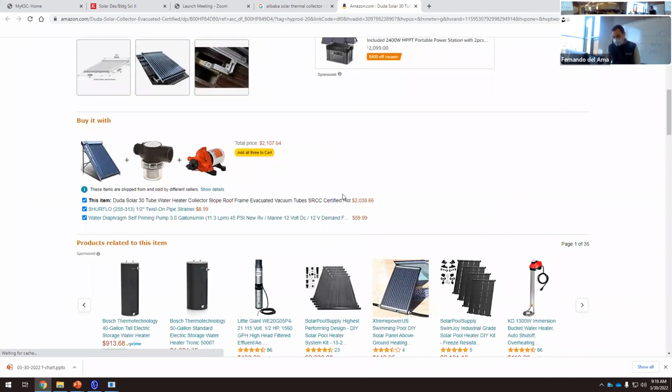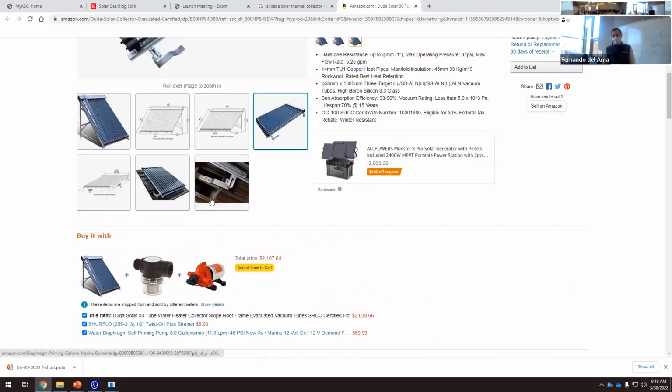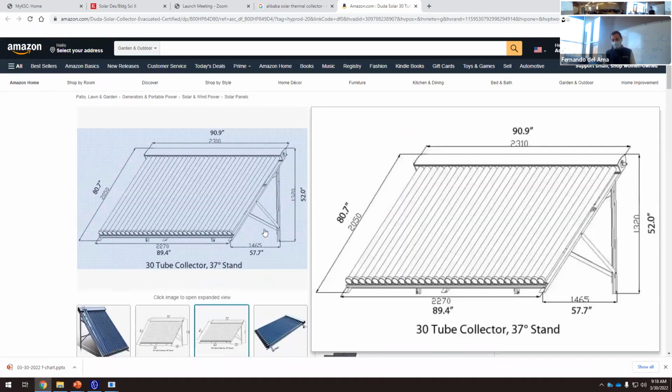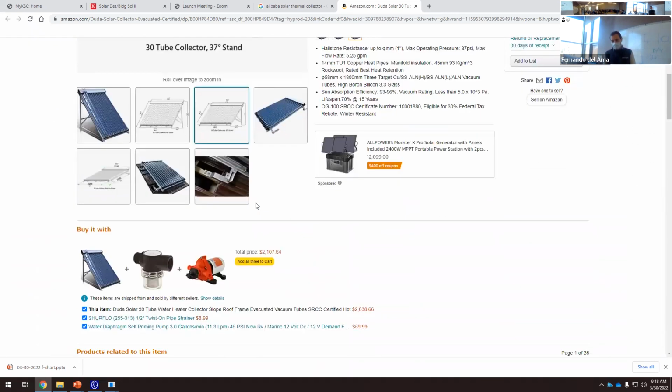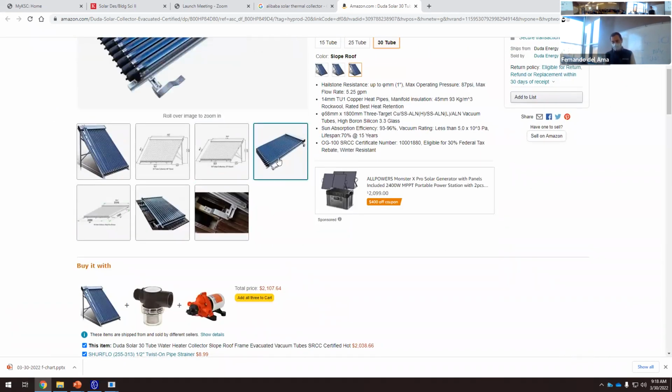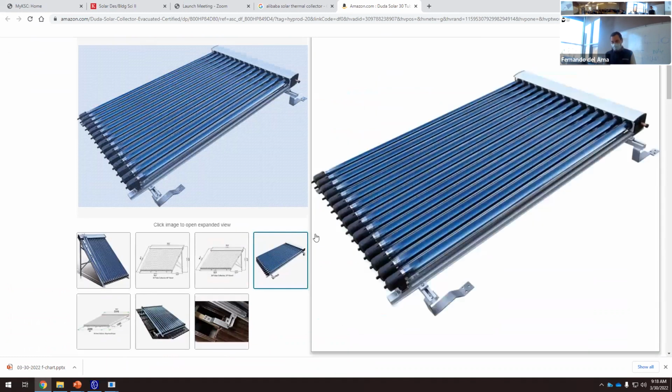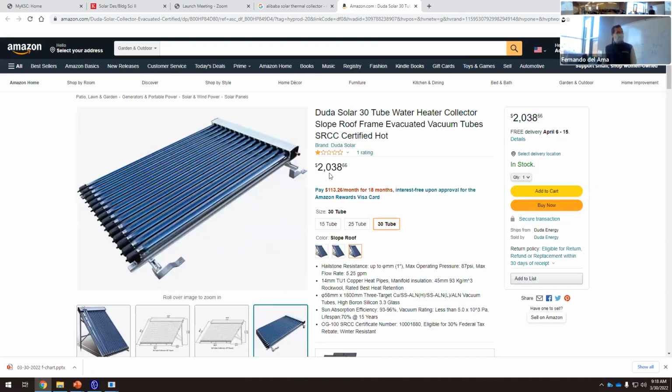But I would like to know if that includes the pump here. I think this is the price of just the pipe, the tubes itself. It's quite expensive. 30 tubes.